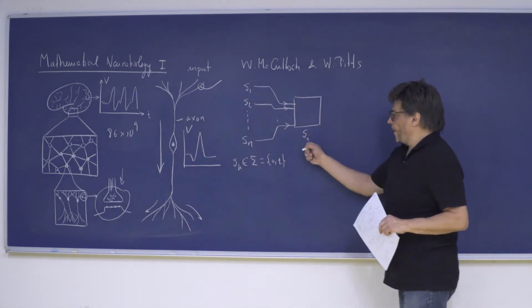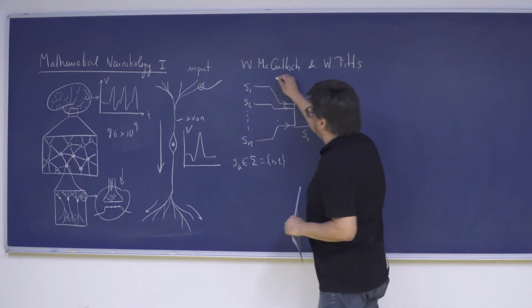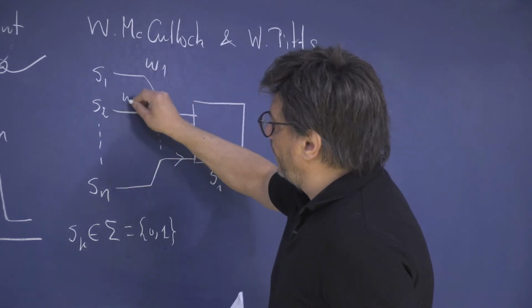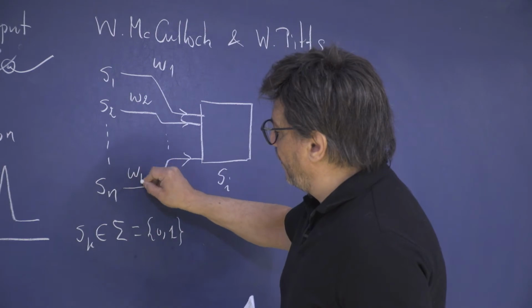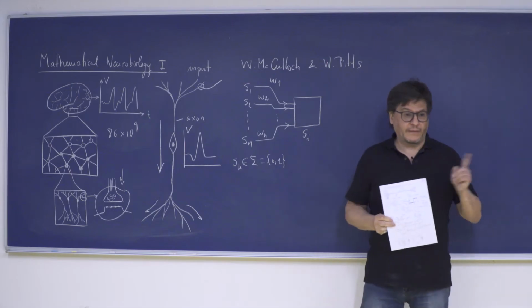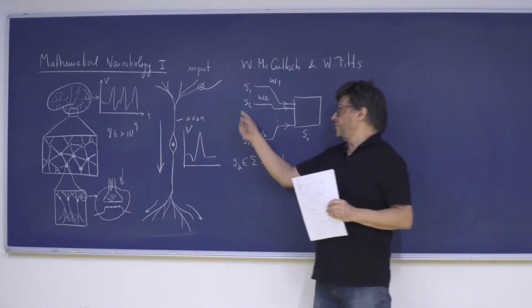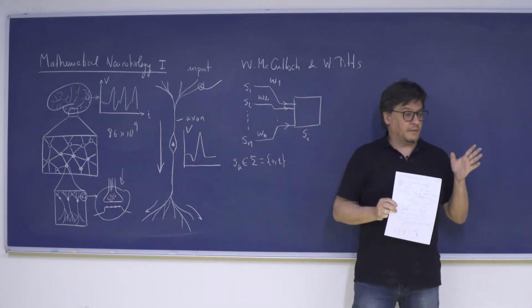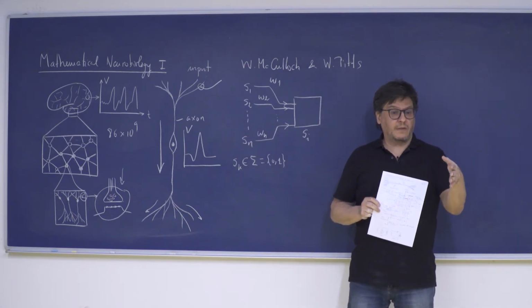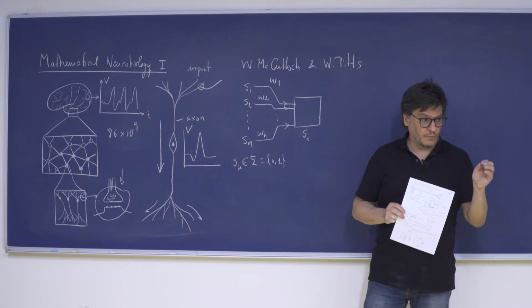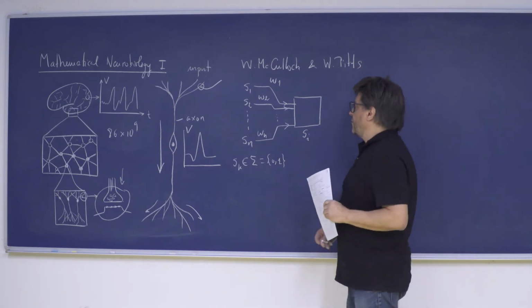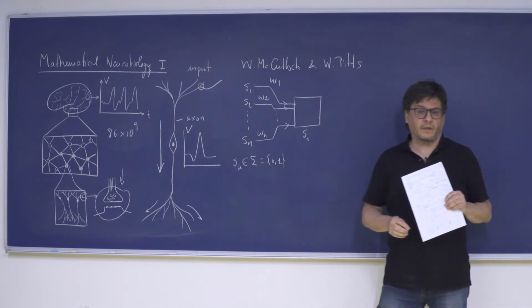So I have my neuron receiving all these inputs, and these inputs will be weighted, right? Like here I have zeros and ones, but the way these zeros and ones will affect me depends on a wiring, right? Wiring is what here? Wiring is not an integer, right?